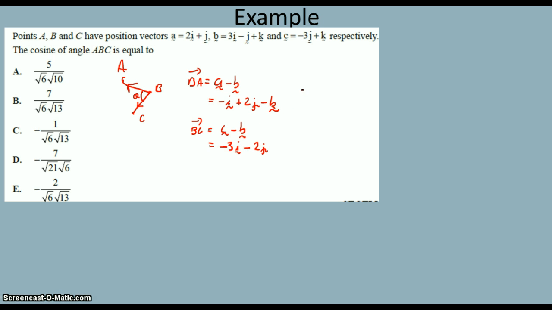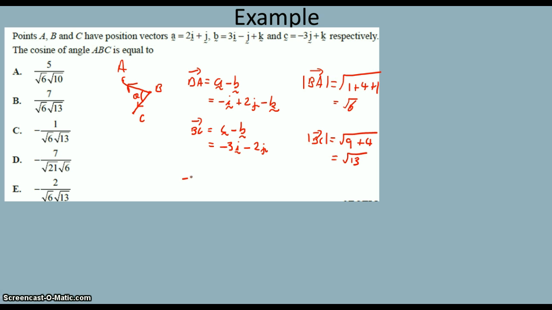We do need to find the magnitude of these vectors, so the magnitude of vector BA is equal to the square root of squaring the components, 1 plus 4 plus 1, which is the square root of 6. And the magnitude of vector BC is the square root of squaring those components, 9 plus 4, which is the square root of 13.